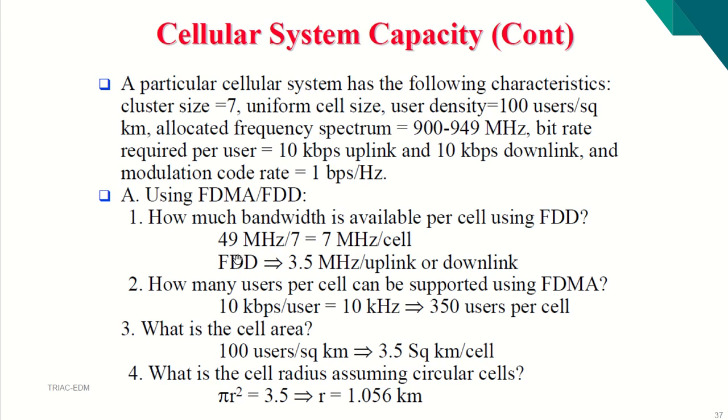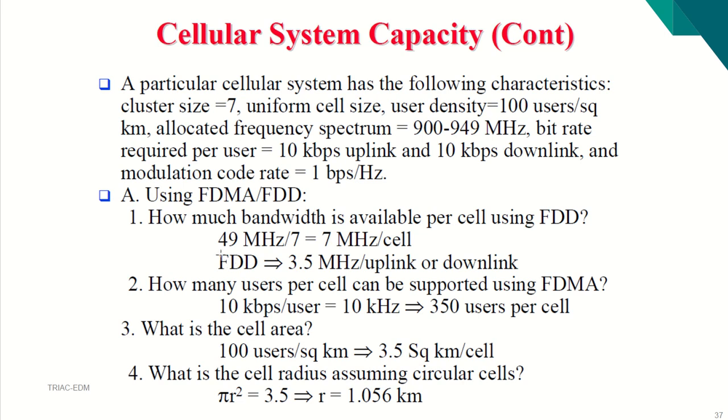As a result, 49 divided by 7 is equal to 7 megahertz per cell, because that much bandwidth is divided into 7 portions, and each portion is given to a cell. So that is 7 megahertz per cell.